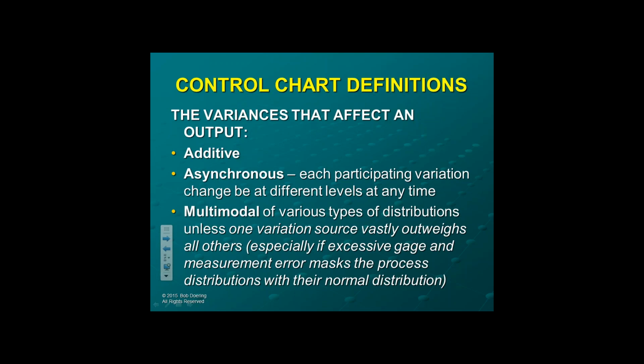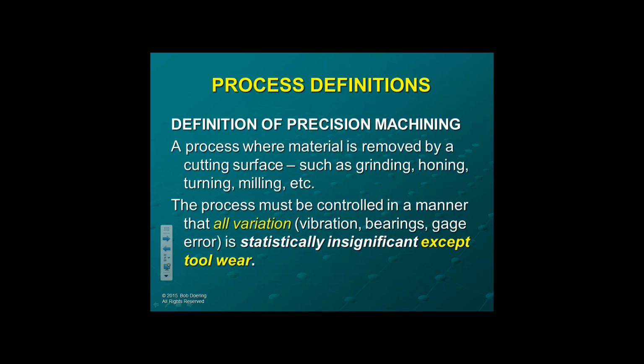And that can sometimes be your gauge error masking your process variation. That's why it's key to make sure that your gauges are correct with adequate resolution and discrimination, and their use is correct also. We'll get into that a little bit more in a minute.